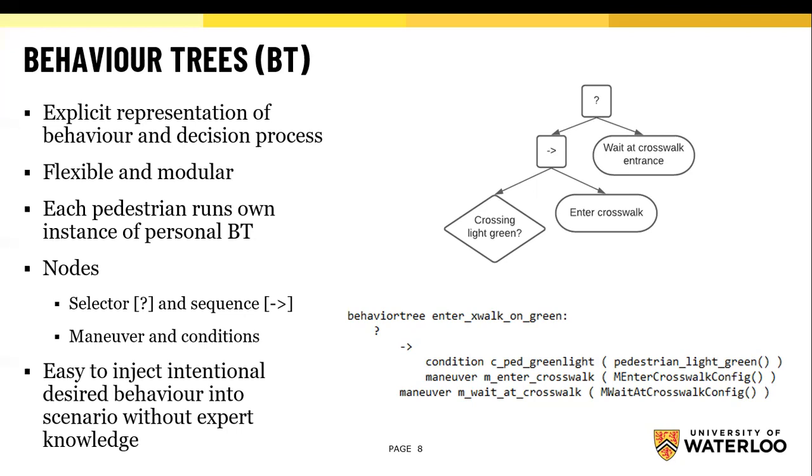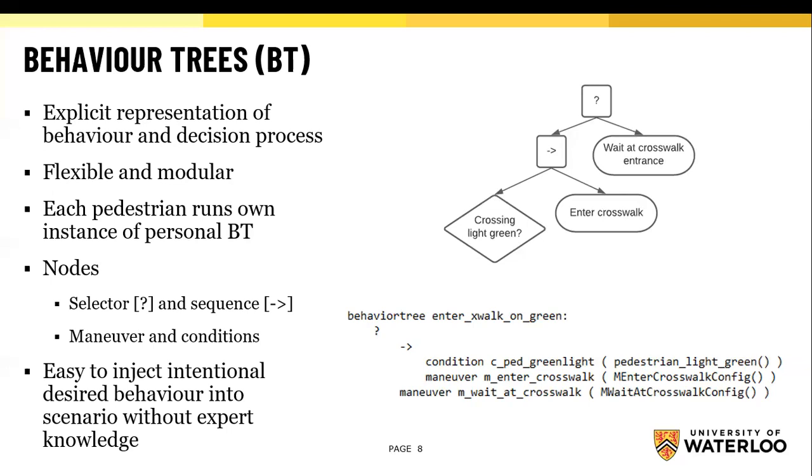I'll briefly go through the composition of the behavior trees. The internal nodes are made up of either selector or sequence nodes, shown by a question mark or an arrow. This is within the scope of our work. We have these two kinds. There are extensions of this with parallel nodes and other nodes, but within our scope we have these, and these control the flow of the information as the tree is being traversed.